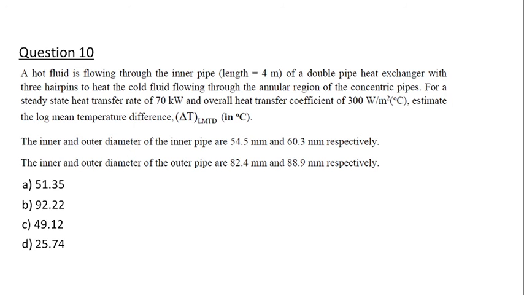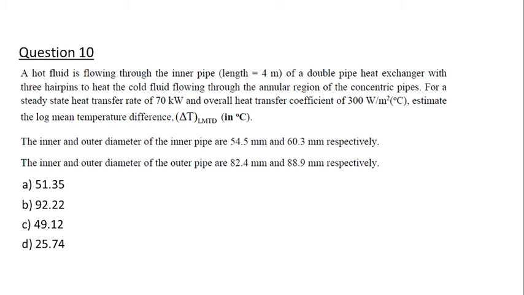Then question number 10. A hot fluid is flowing through the inner pipe of length 4 meter of a double pipe heat exchanger with 3 hairpins to heat the cold fluid flowing through the annular region of concentric pipe.